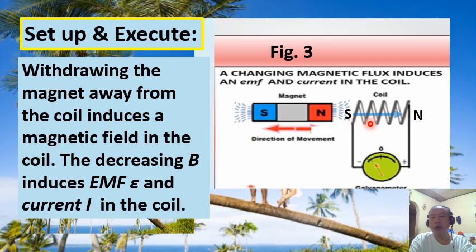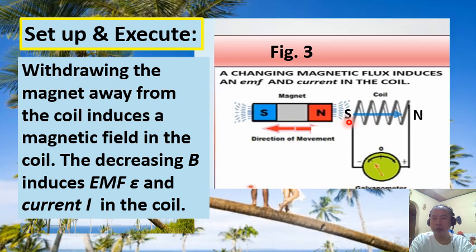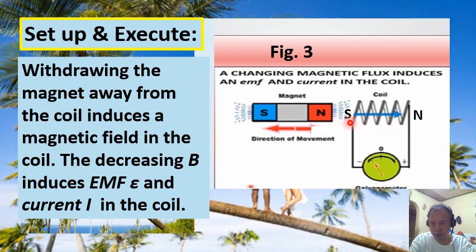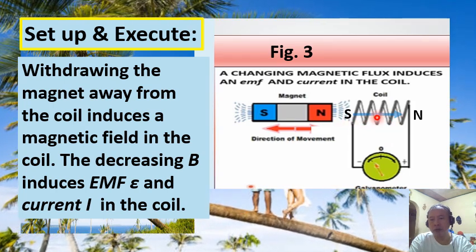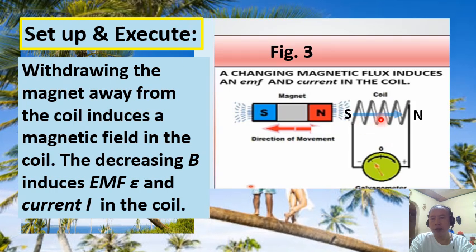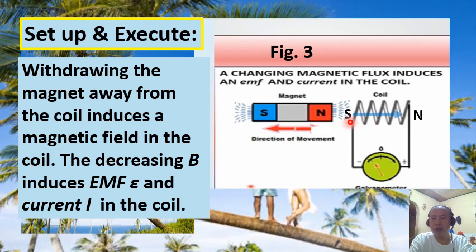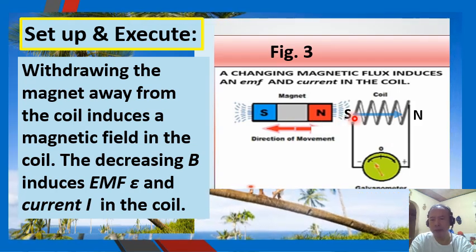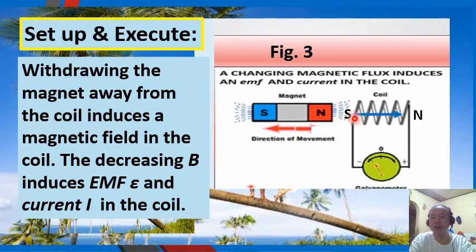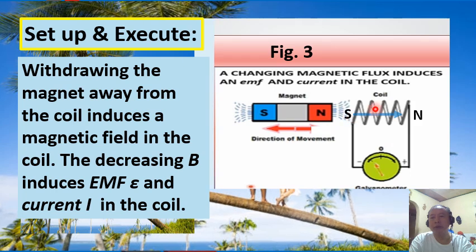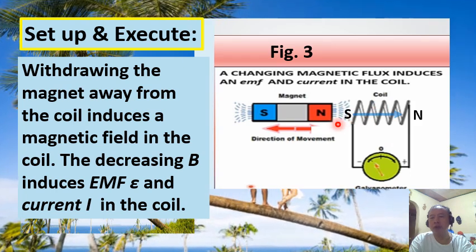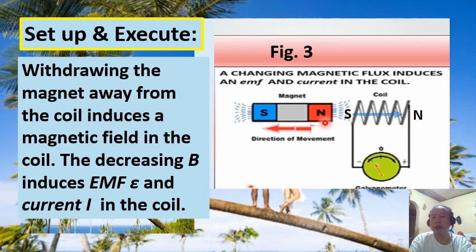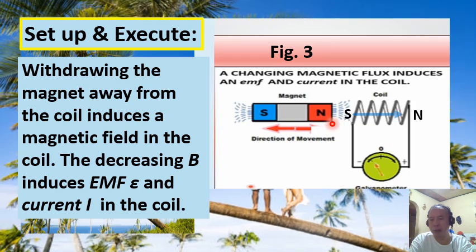So how does Lenz's law come into this picture? According to Lenz's law, if you're going to move the magnet away, the coil will sort of prevent the action of moving the bar magnet away.